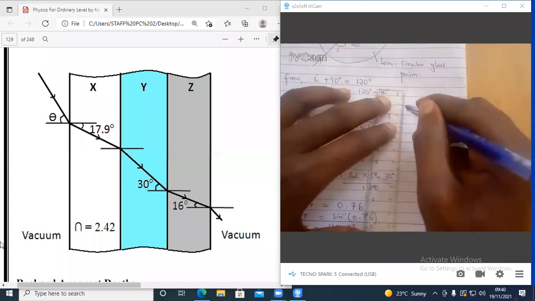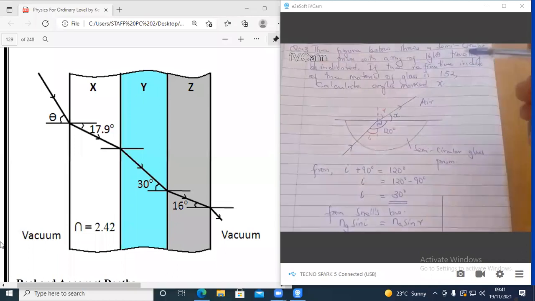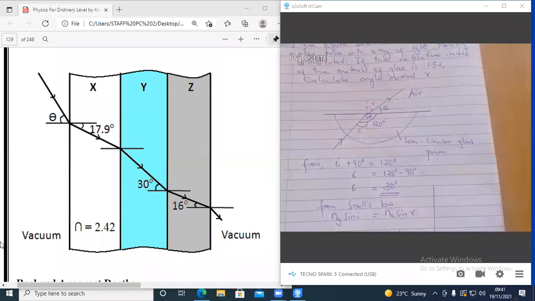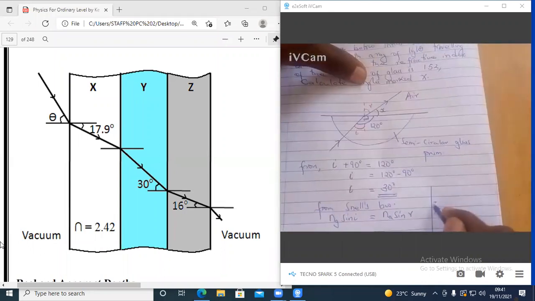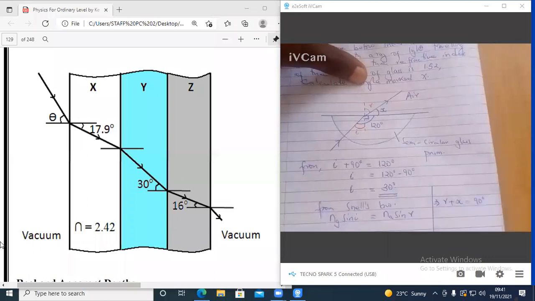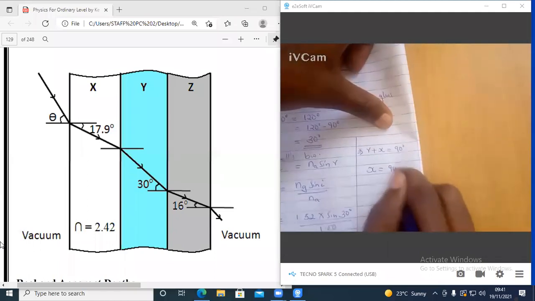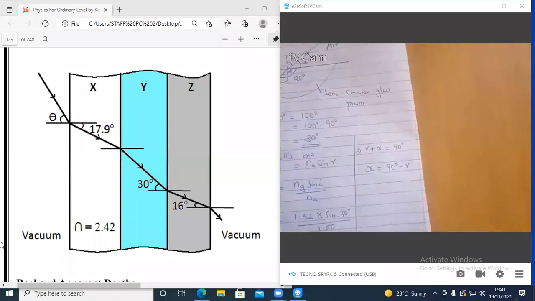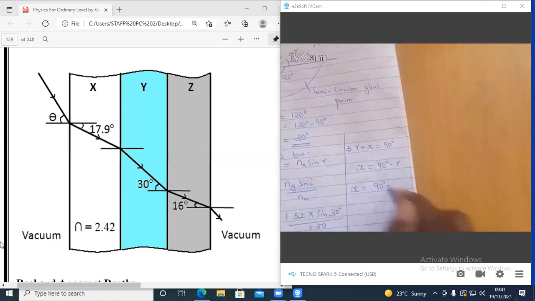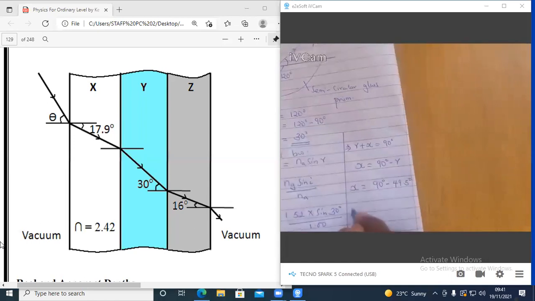They want us to find angle X. So how are we going to find angle X, members? R plus X is equal to 90 degrees. Excellent, members. So X will be equal to 90 degrees minus R. So X will be equal to 90 minus 49.5 degrees.